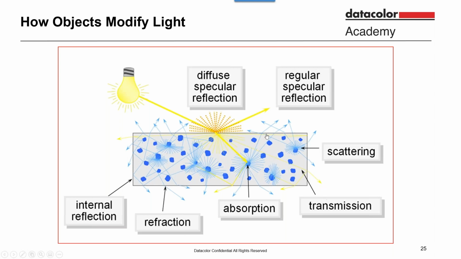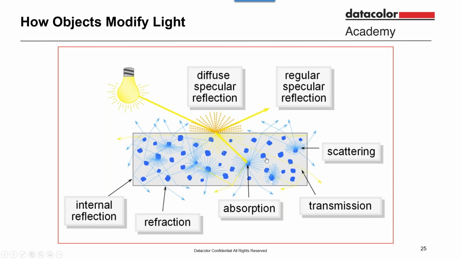Light can be transmitted through the sample. Light can be refracted if it comes out of the sample again, or when it goes in, it's changing direction. Or what can happen inside the sample, you can have something called internal reflection. If the light hits the interface at a certain angle, all the light will be reflected off the surface, and it'll be available to be bounced around again inside the sample.